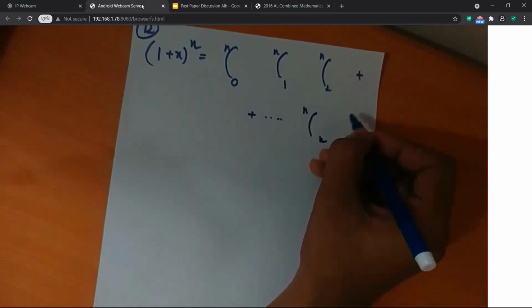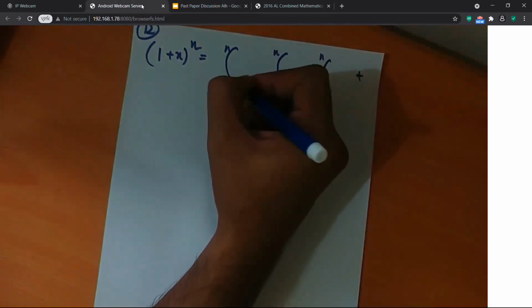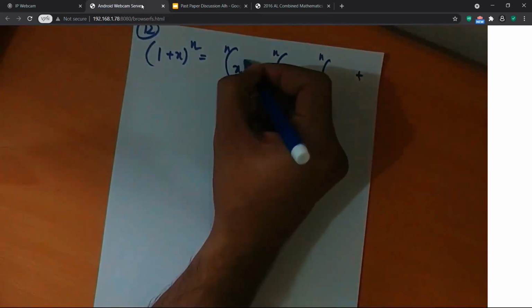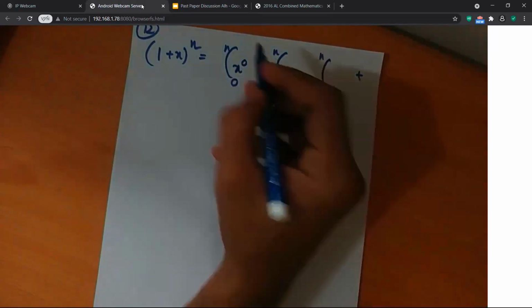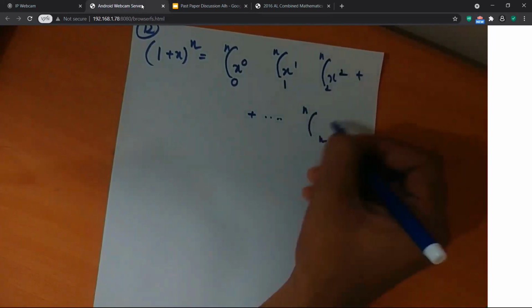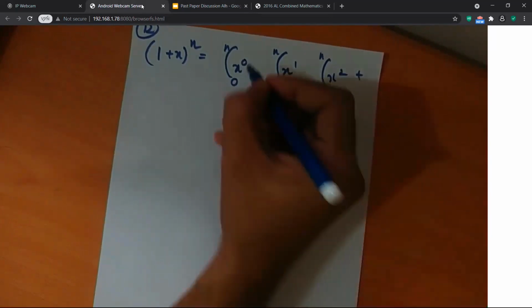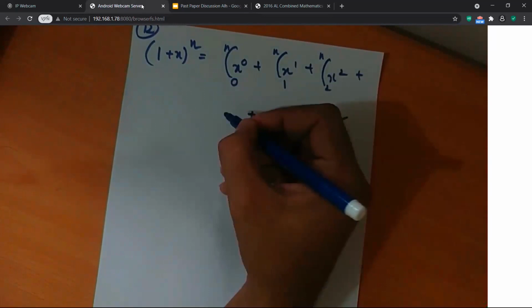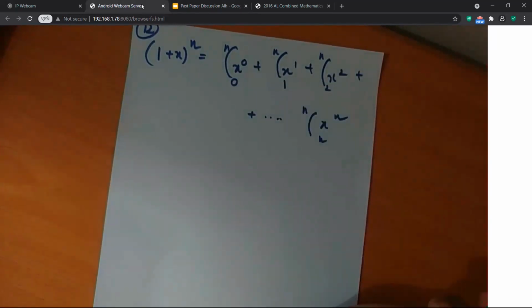And what you do, x to the power, the same power as what's in the middle. So x to the power 0 is 1, that's okay. So x^1, x^2, up to x^n. And the whole thing is addition. This is basically the binomial expansion.